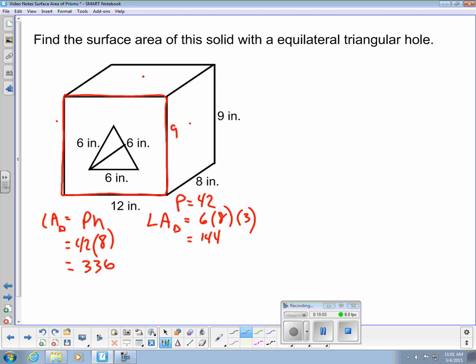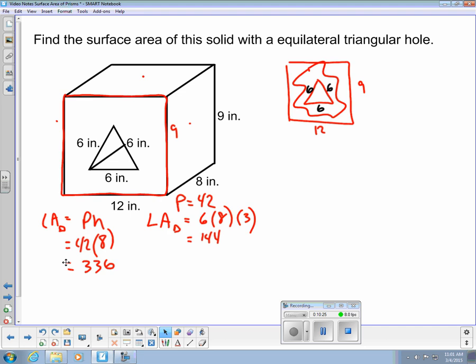Right? Now here comes the hard part. We need to deal with the base. The base looks like this, and we need this shaded part here. So we need to find the area of this rectangle. This is going to be a 12 and a 9. And each of the sides of this triangle here are 6, 6, and 6. So for that shaded area, I need to find the rectangle, which is 12 times 9, and I'd have to subtract the equilateral triangle area, for which we use s squared square root of 3 over 4.